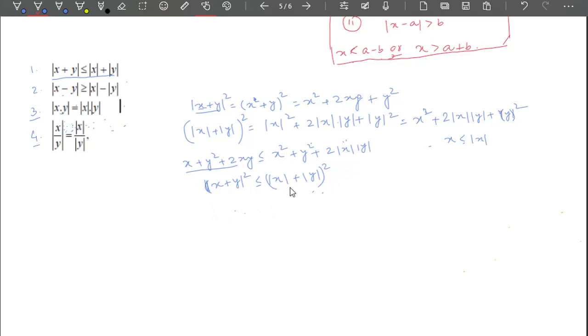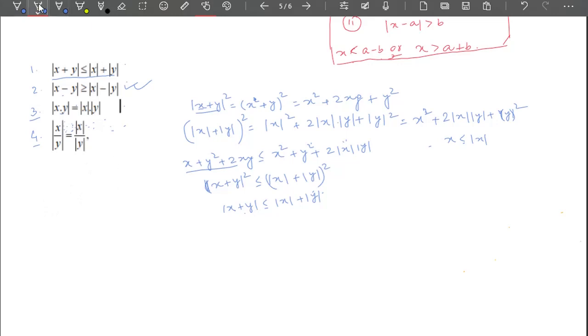Taking the square root, as both the quantities are positive, modulus of x plus y is less than or equal to modulus x plus modulus y. You can prove the second part also by using the first one.